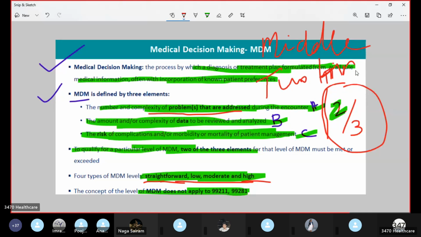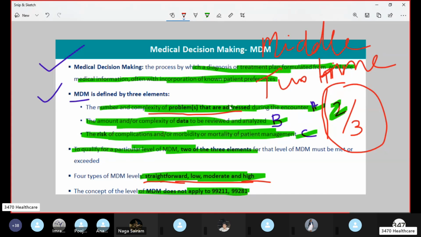Please make a note of this: 2 by 3 means select the middle one or the one having two times.